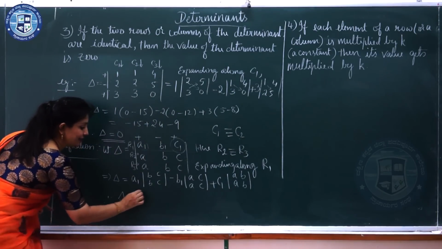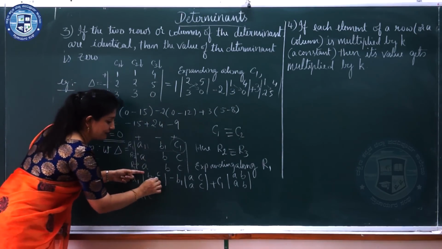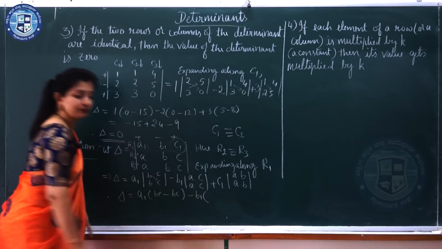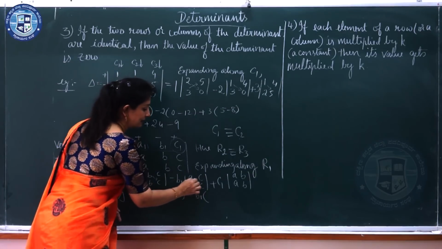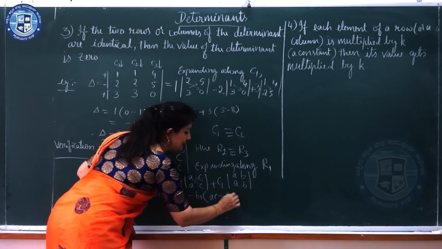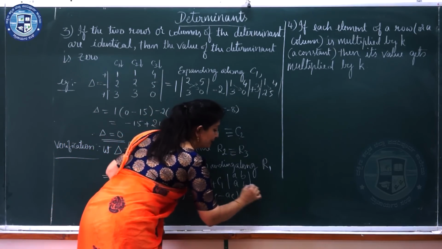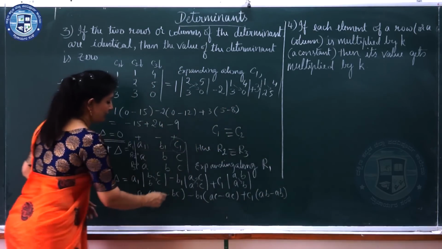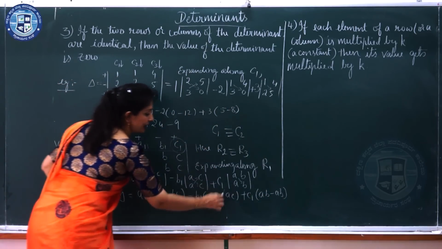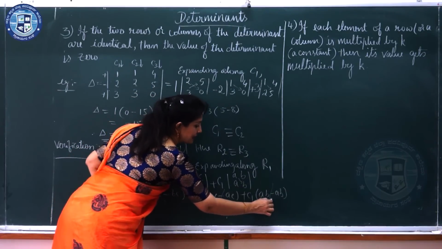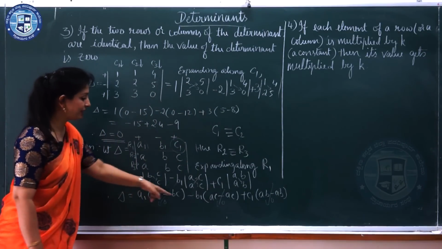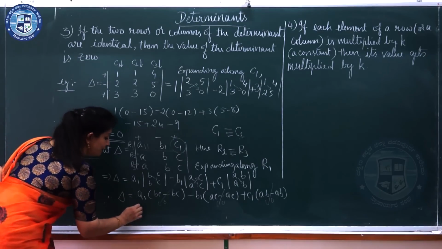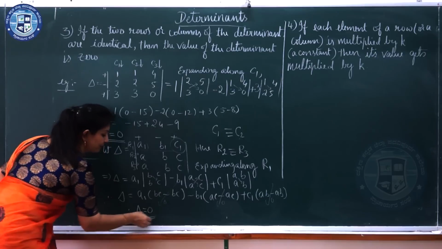Therefore, delta is equal to A1 into cross multiply BC minus BC, minus B1 into, here also we cross multiply and get the values AC minus AC, plus C1 into, cross multiply here, AB minus AB. So look at this, BC minus BC is 0, AC minus AC is 0, AB minus AB is also 0. So A1 into 0 minus B1 into 0 plus C1 into 0. So the value of delta is equal to 0.